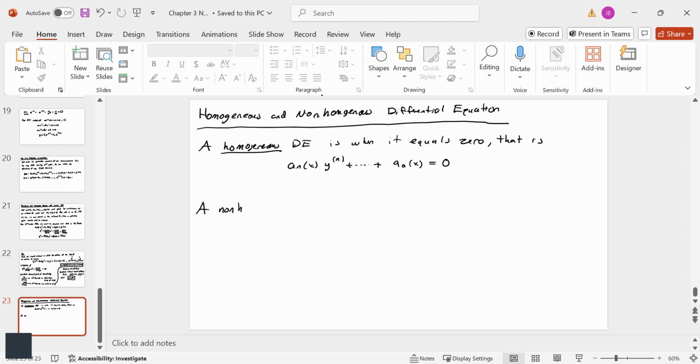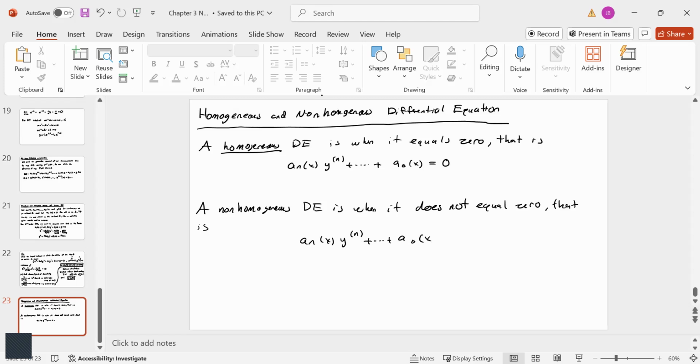A non-homogeneous differential equation is when it does not equal 0. That is, our differential equation is just equal to g of x, given that g of x does not equal 0.